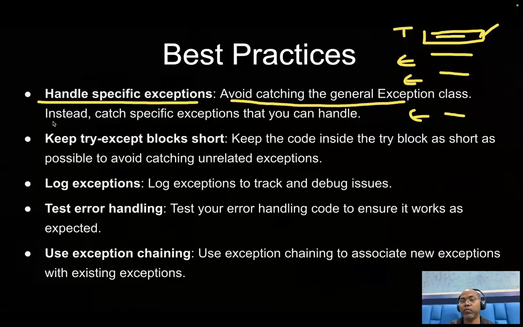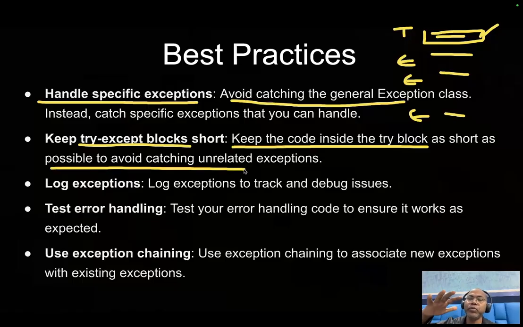So that whenever you are throwing messages, the developer or client can exactly understand, hey, this is the actual problem. You can return the actual problems, and keep the try except block shorter. That means keep the try block as short as possible.